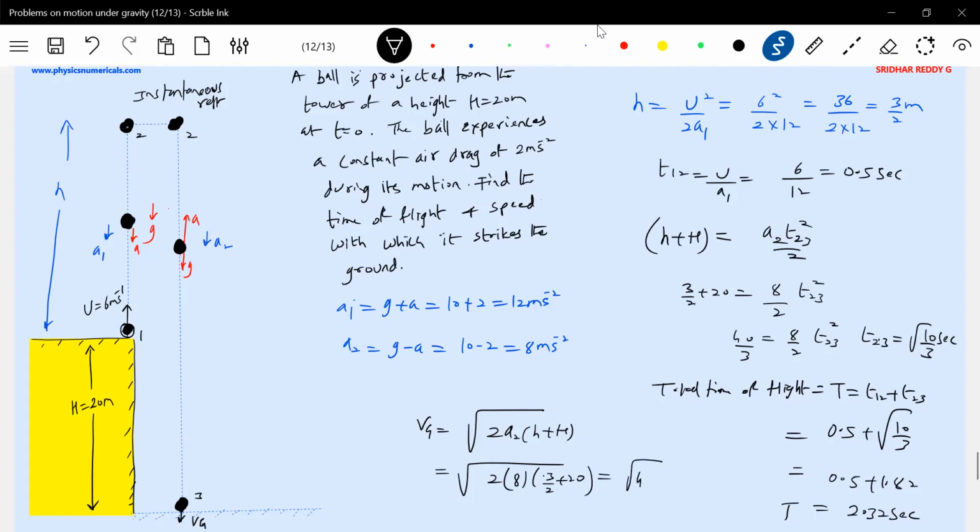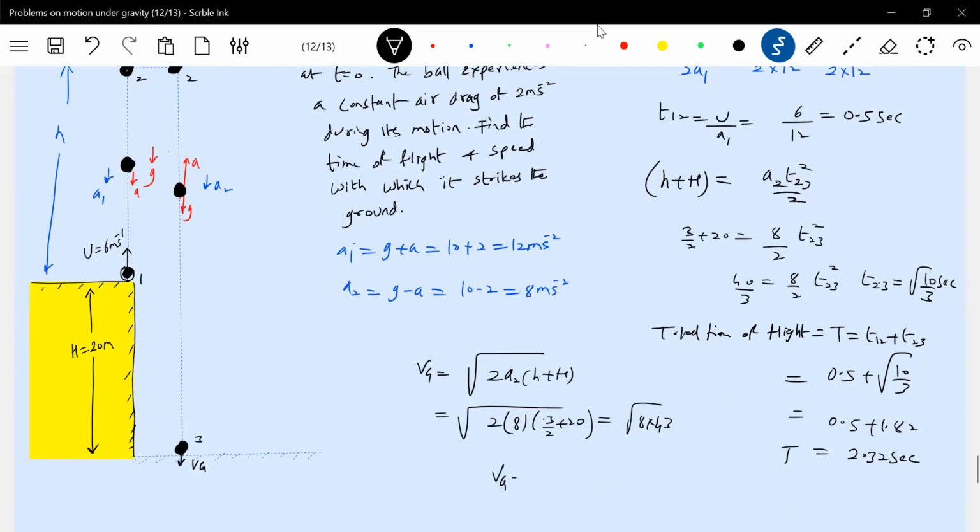That comes to 344 under the root, about 18.54. So finally, the ball will come and strike the ground with this much speed, the speed of the ball when striking the ground.